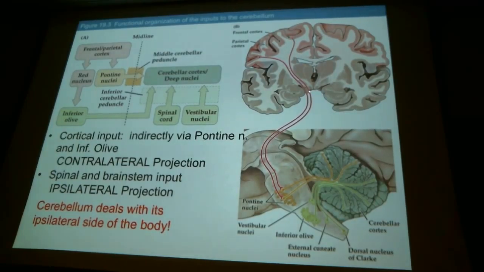So the cerebellum really deals with information on the same side of the body. This is different from cerebral cortex, which generally deals with information on the opposite side. So when it sends outputs, if it's dealing with motor outputs, it's going to send them back out to the same side of the body.